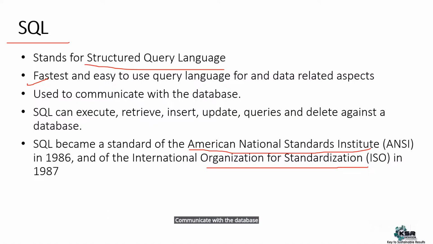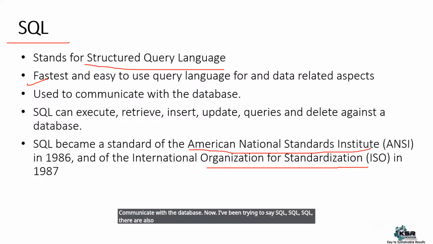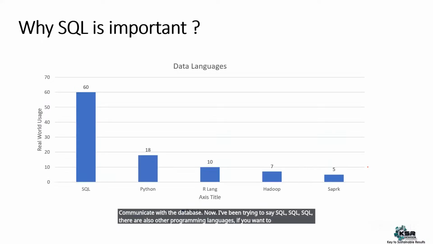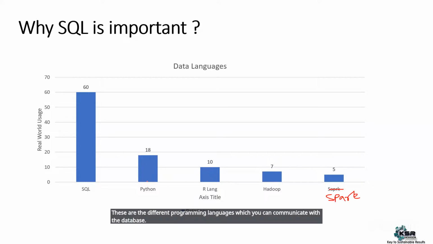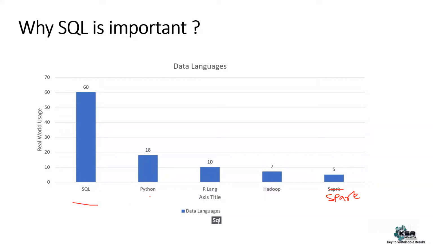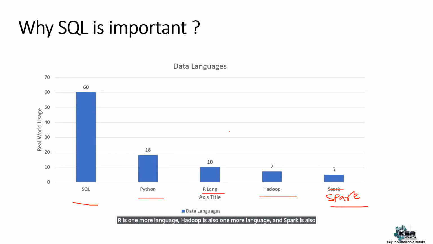Now, I've been saying SQL, SQL, SQL. There are also other programming languages if you want to communicate with the database. SQL is one, Python is one more language, R is one more language, Hadoop is also one more language, and Spark is also one more language.